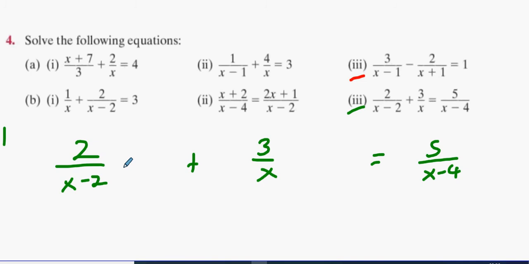Now, look across what you see. You see an x and an x minus 4, so what you need to do, x and x minus 4. What does the x see? Left and right. Adam, what does the x see? Good man.